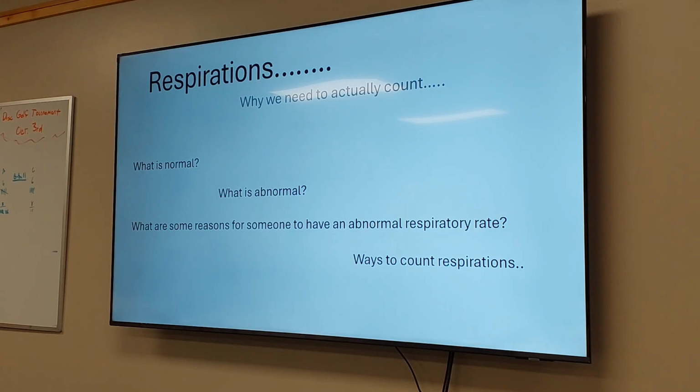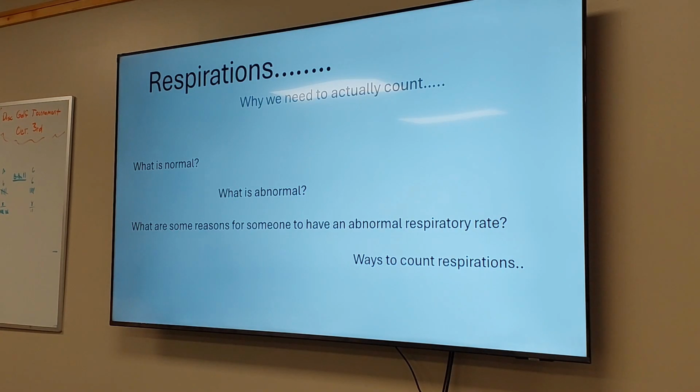Some reasons for people to have abnormal respiratory rate. Infection is a big one. You see a lot of abnormal respiratory rates with pneumonia, sepsis, those types of things, anything that affects the lungs. But you can also have abnormal respiratory rates with illnesses that do not affect the lungs, because they're trying to get rid of carbon dioxide. So their respiratory rate will increase, and they breathe the carbon dioxide out. Lung conditions like asthma, COPD, pulmonary embolisms can raise respiratory rates.